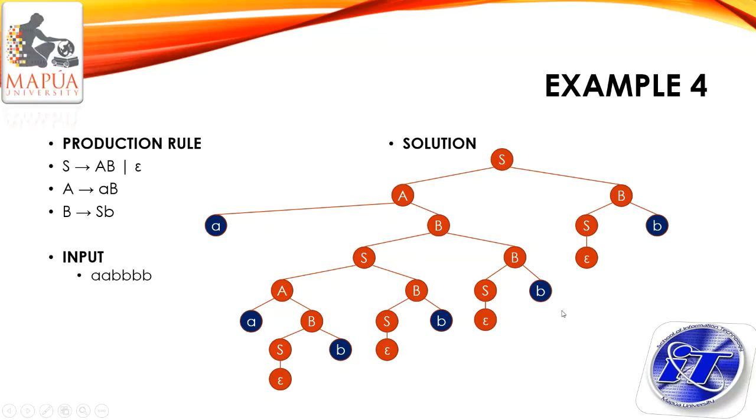Okay, so this will be our derivation tree, or parse tree, for this input based on this production rule. My derivation is one of the solutions to derive the input. There is a possibility you could obtain a different tree. It's okay.